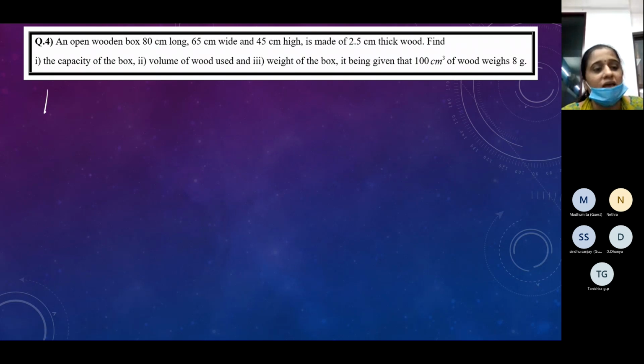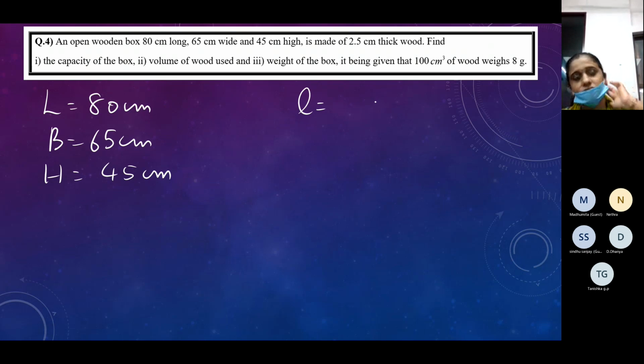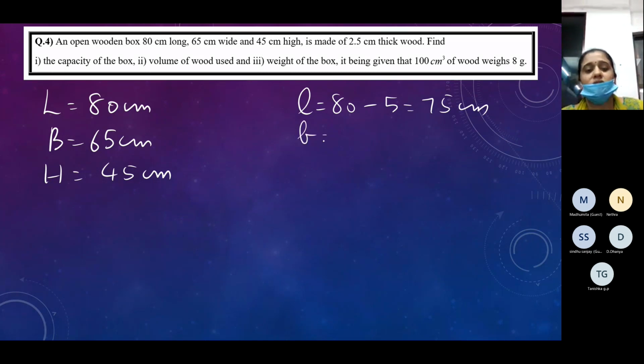Okay, so what is L? 80 centimeters. What is B? 65 centimeters. Internal length? 75 centimeters. Internal breadth? 60 centimeters.